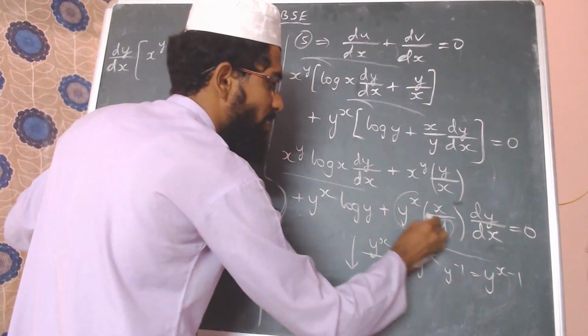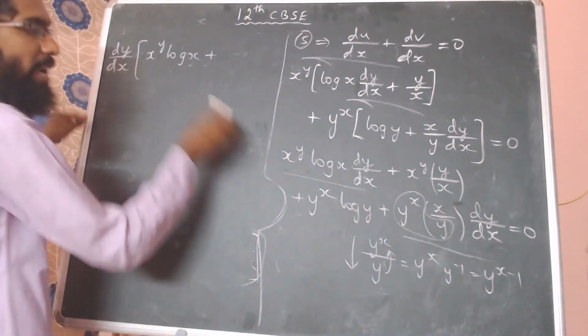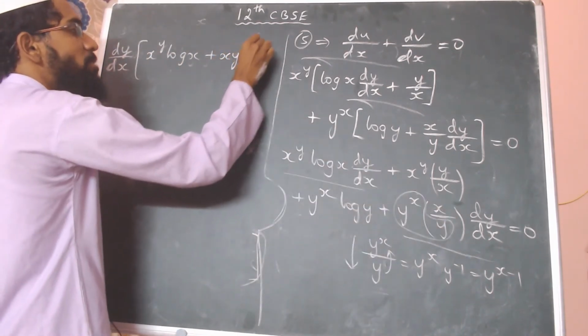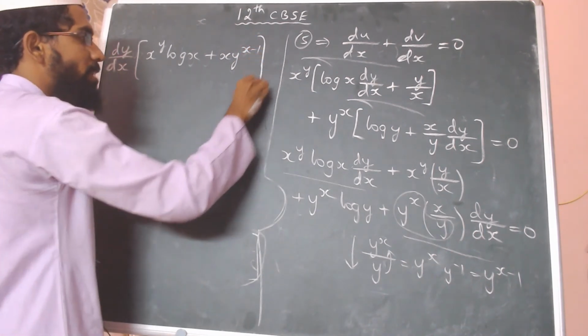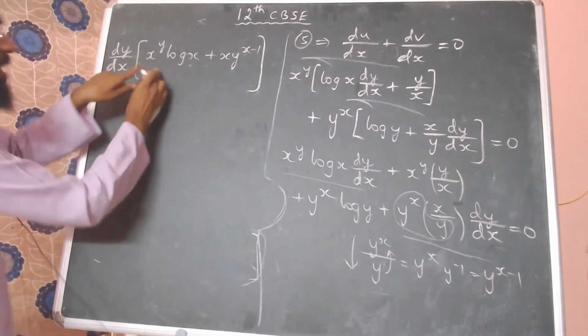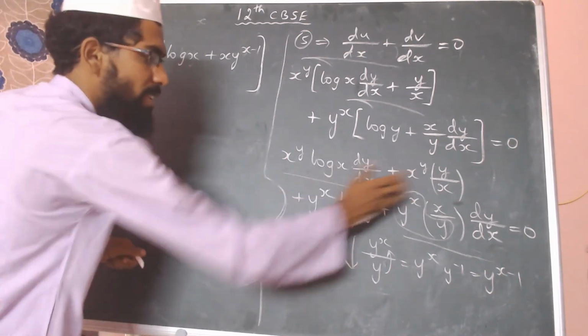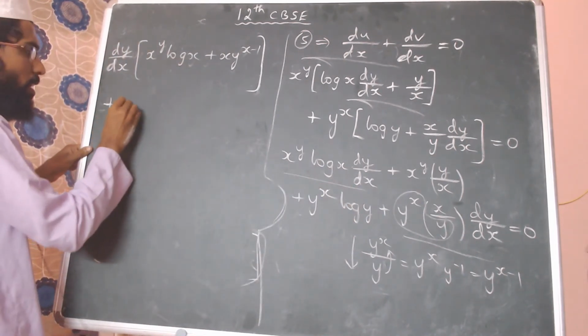So this along with this I can combine and write it as y power x into y power x minus 1. I have taken dy by dx common from these two, so leave that. The other term I have written. Now which term does not have dy by dx? This and this do not have dy by dx, so write them as they are: plus x power y.